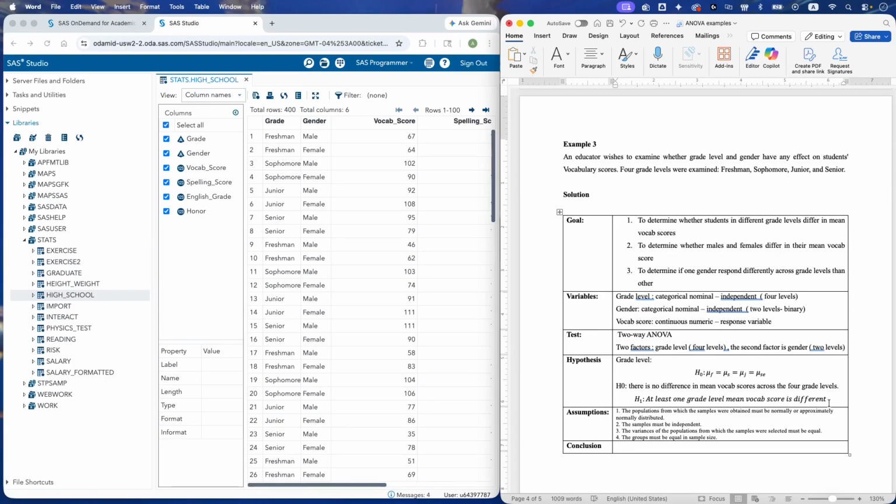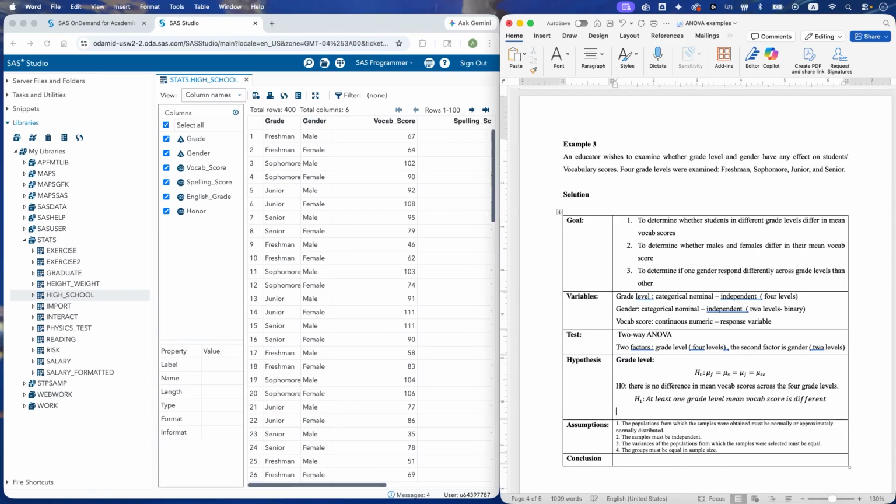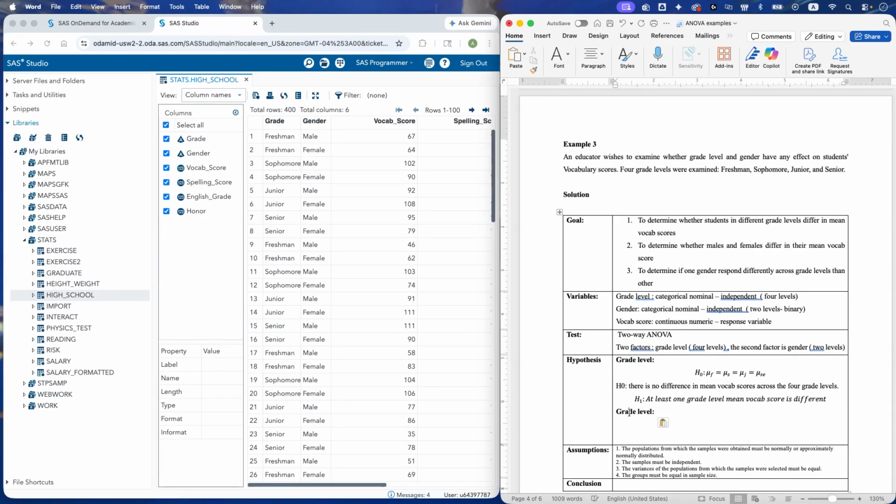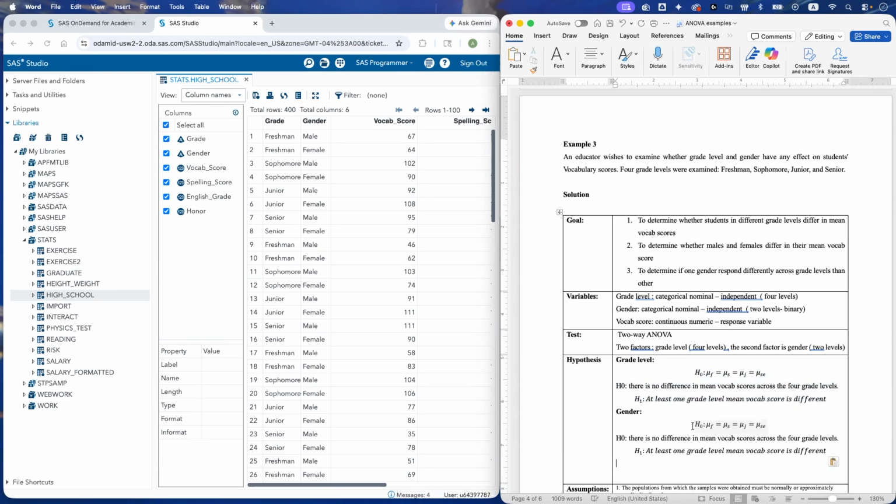The second hypothesis is going to be related to the gender, only the effect of the gender. I am going to copy this, and I'm going to change it to female versus male. The average of the vocab score for the males is equal to the average score of the females.